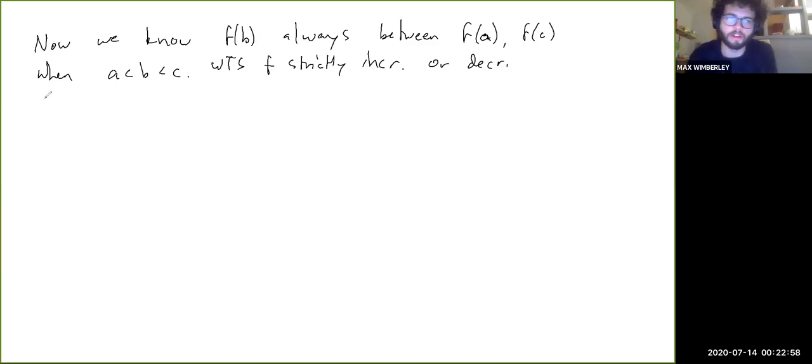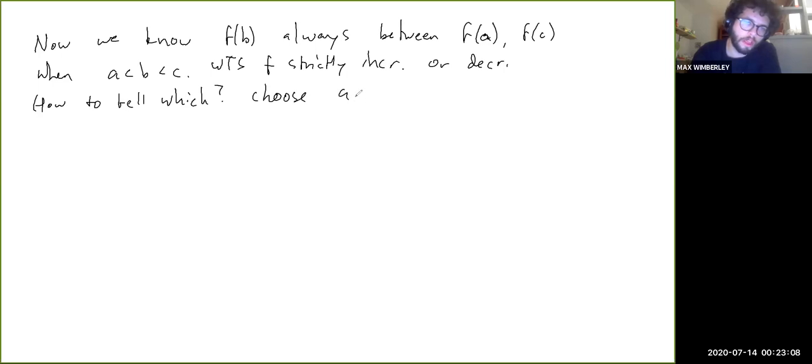So the question is, how do we tell whether f is strictly increasing or strictly decreasing? The natural thing to do is just test it: look at two values of f and see which one's bigger. That'll tell us which direction we expect. Of course, then we have to actually prove it, but we can test with two values first to figure out which direction we're trying to go.